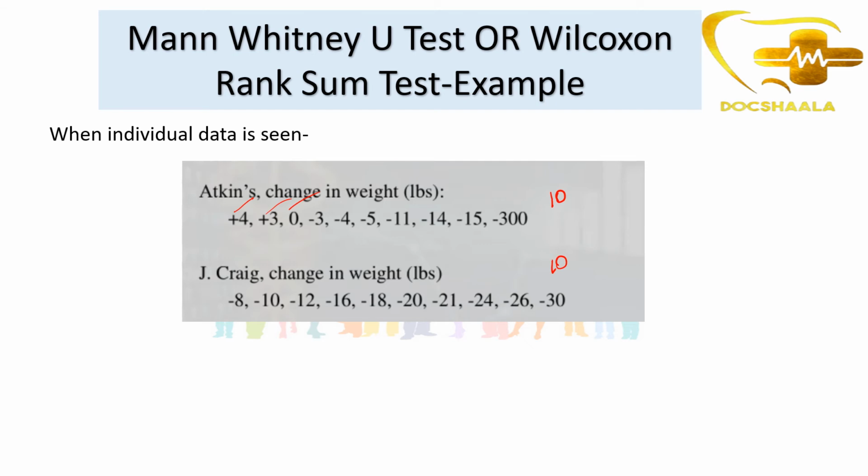The fourth one, they have lost 3 lbs, 4 lbs, 5 lbs, 11 lbs, 14 lbs, 15 lbs, 300 lbs. So these are the values of 10 individuals based upon their weight changes over a period of time following Atkins diet. And when coming to Jenny Craig diet, these are the values following the Jenny Craig diet.